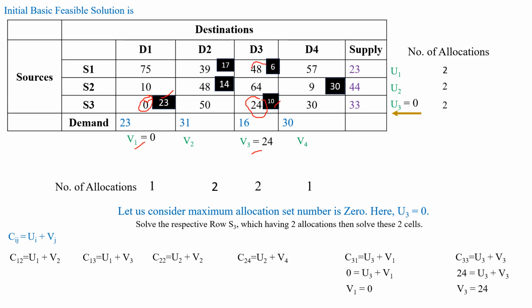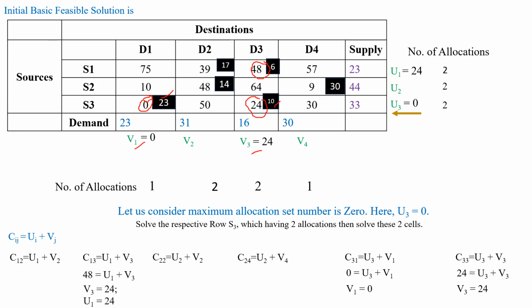Here C13 equal to 48. We know the relation C13 equal to U1 plus V3. Then we substitute the C13 value as well as the V3 value, and we will get U1 equal to 24.